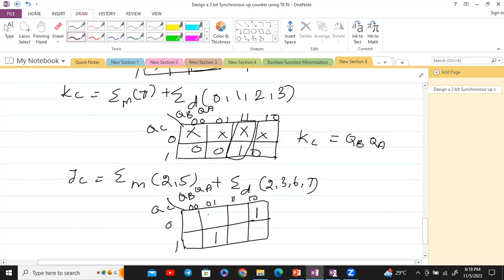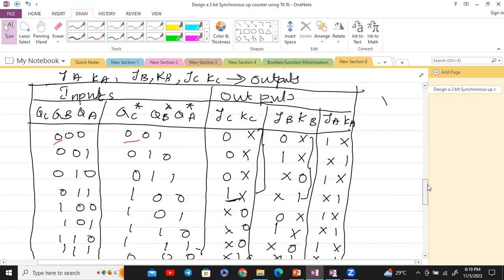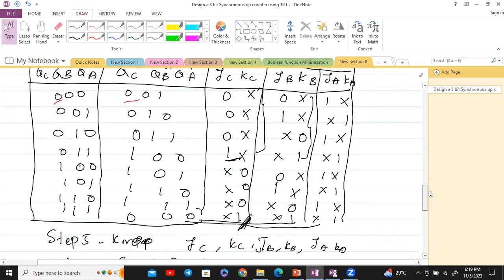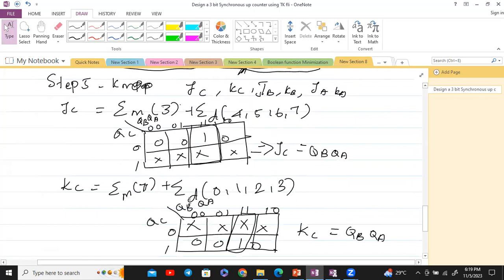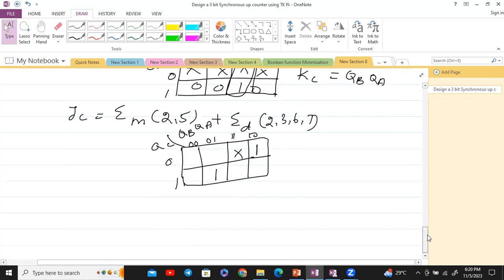Then what are the remaining don't care terms? 2, 3, then 6, 7. 6, 7 correspond to 6 and 7.